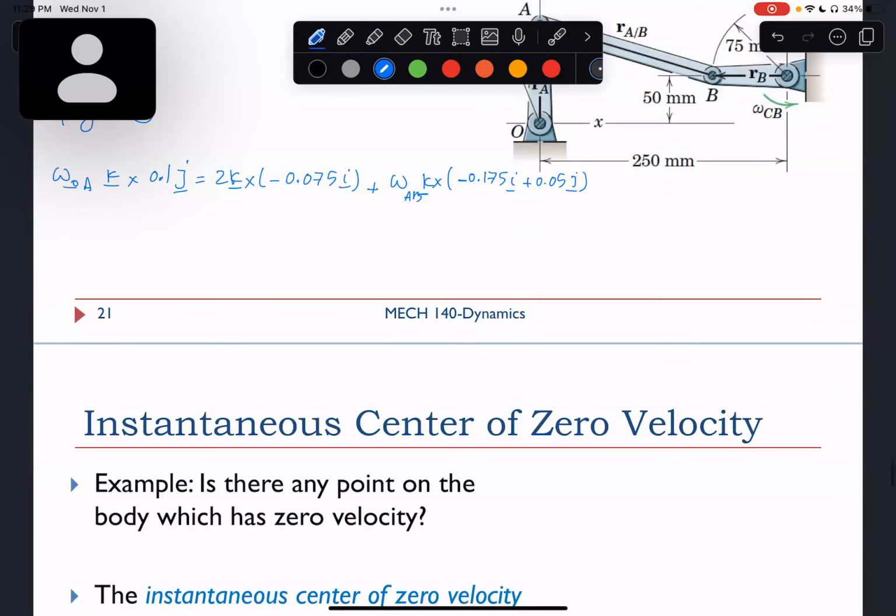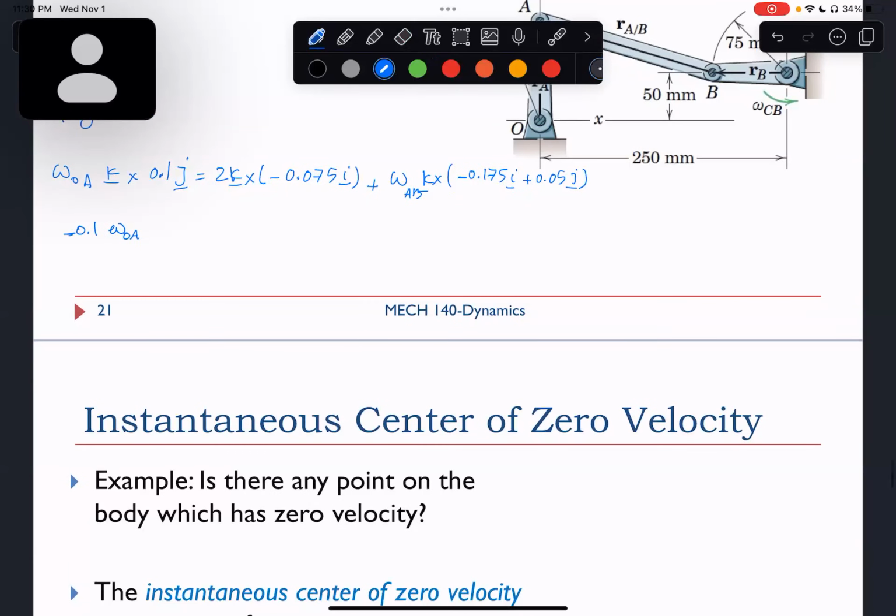If I carry out these cross products, that means negative 0.1 omega OA, and this is not a vector, right? The vector part is the K. That's just the value of omega OA. K cross J, let's look at this again.